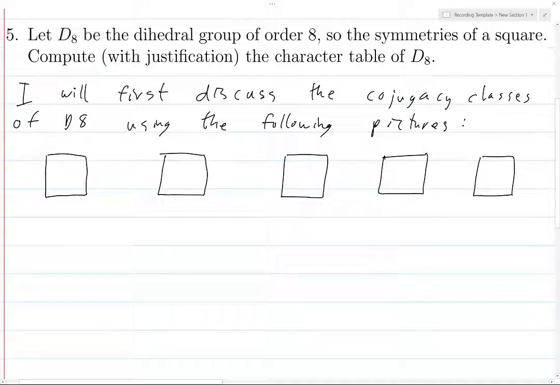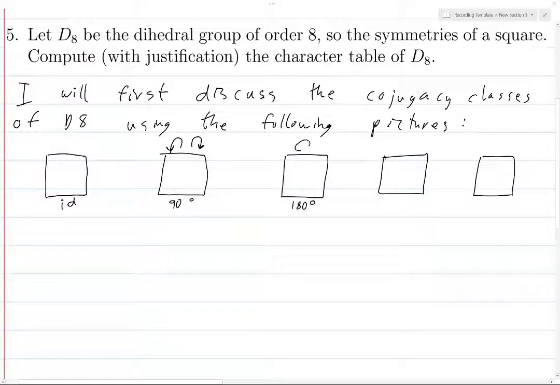But if you use those arguments, then we have one that's the identity. Then we have one that's the 90-degree rotation, and we can either rotate counterclockwise or clockwise. Then we've got the 180-degree flip.